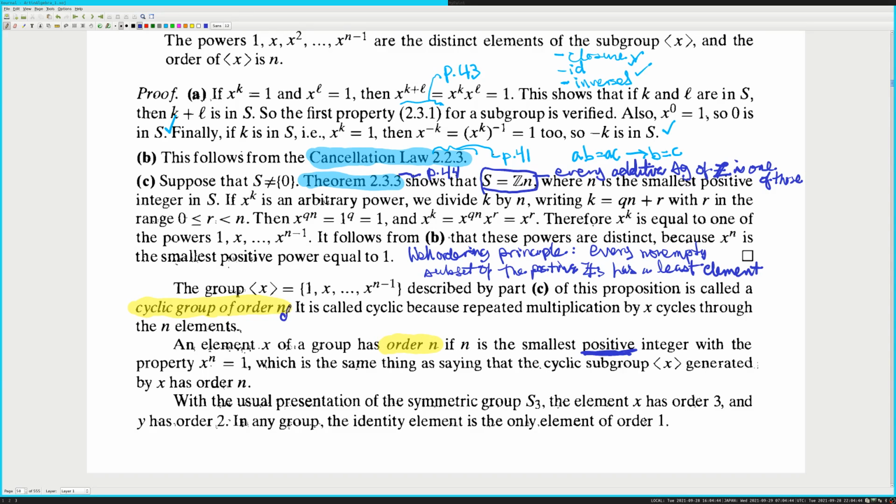So there's group order and element order. And these are different concepts.